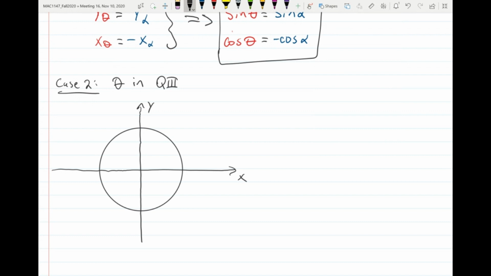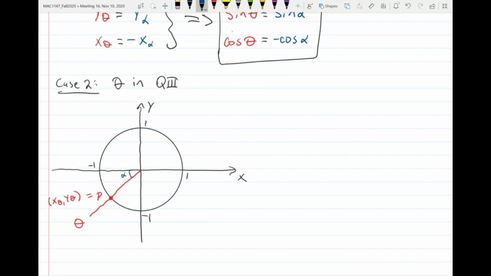And then let's say that we have an angle in quadrant 3, so the terminal side is going to be somewhere in here. Let's say this is theta. Therefore, it gives me a point on the unit circle. Let's call it P. This is 1, negative 1. As usual, this point has coordinates x theta, y theta, representing the cosine and the sine of theta. And in here we have our angle alpha.